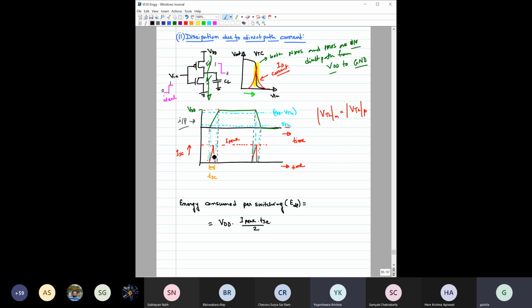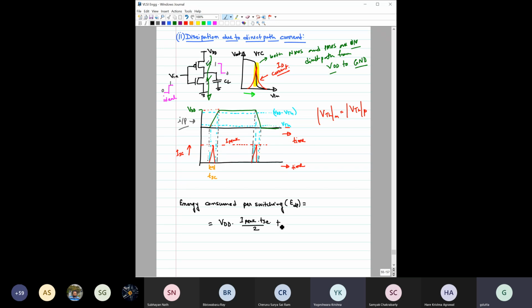Basically we are trying to find the area here. This is current, this is time. If you integrate current with respect to time, you get charge. Voltage into charge gives you the energy. So VDD into I peak T of SC by 2 gives the energy consumed during this time from VDD, and this is the rise part.